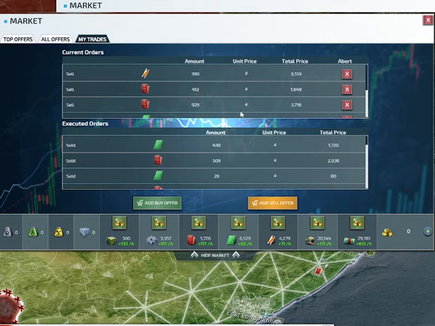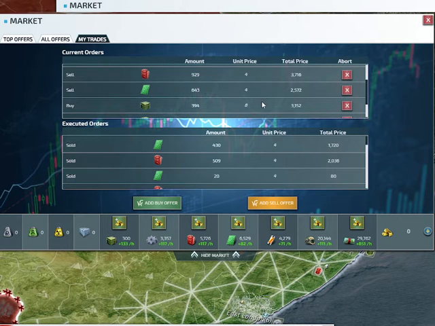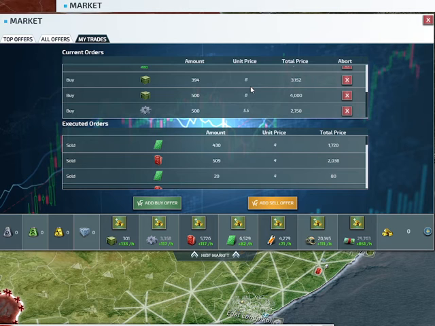And then here are my trade offers. If you can see, I sell rare earth at 9, fuel at 4, components at 6, I buy supplies at 8, and I buy components at 5. So it's easy.